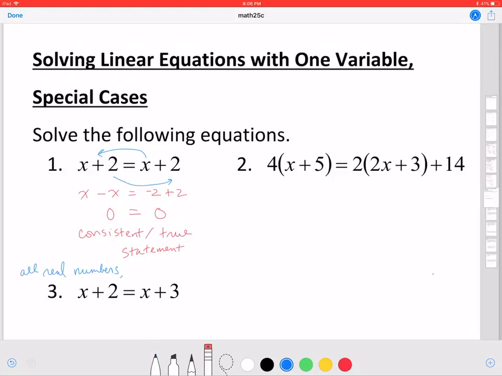Or better yet, you can say the set of all x such that x is in this special looking R. Doesn't look very good. Let me rewrite that. This is called a double capital R. That stands for all real numbers.